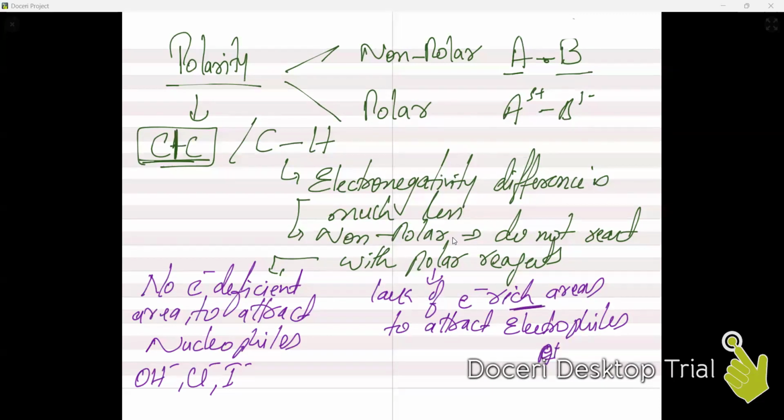So if there is an electron rich area, it will attract a positive one because opposite charges attract each other. If it's an electron deficient area, that means it has a positive charge and will attract a negative charge. So because alkanes are generally unreactive, the only reactions that are possible in them are combustion or substitution.